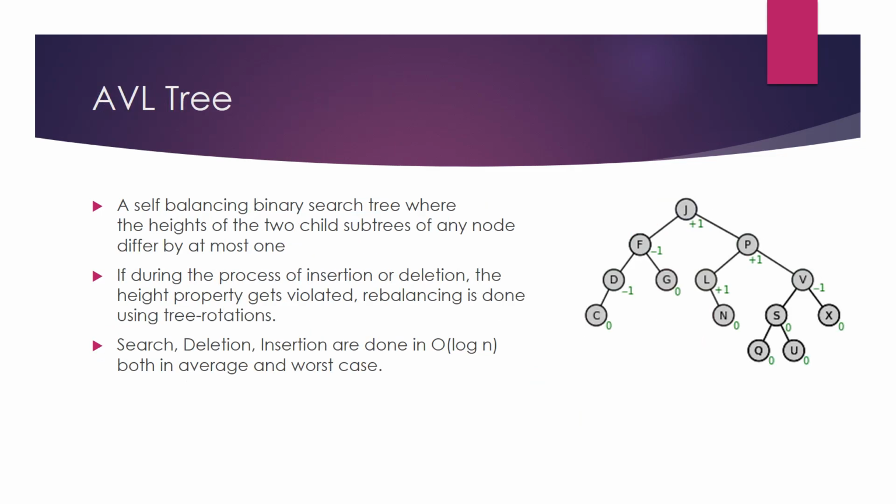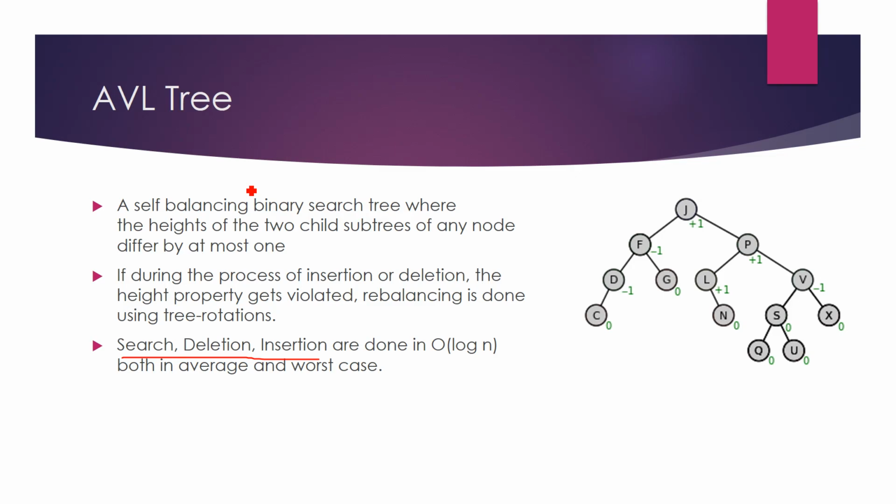So moving on, we have a special kind of binary search tree, which is a balanced binary tree, which means the difference in height between the left subtree and right subtree of any node differs by at most 1. This was invented by 3 researchers, and this tree has the property that even in the worst case, search, deletion and insertion can all be done in order log n time.